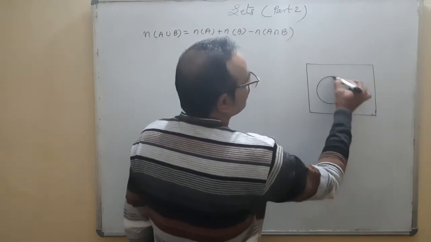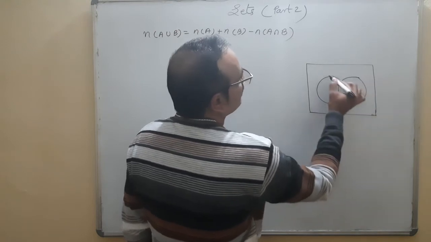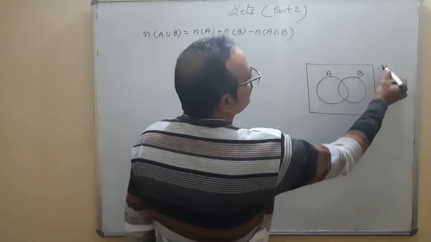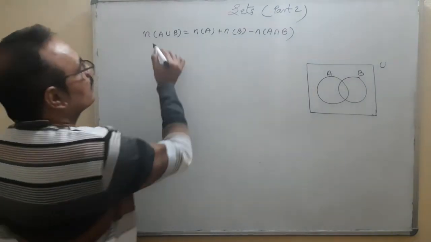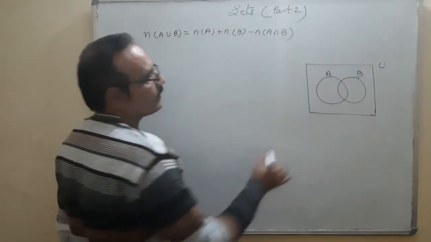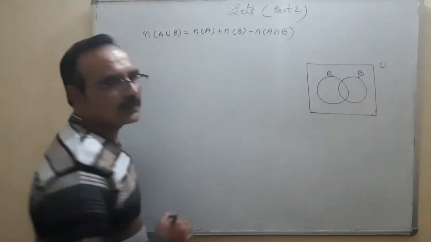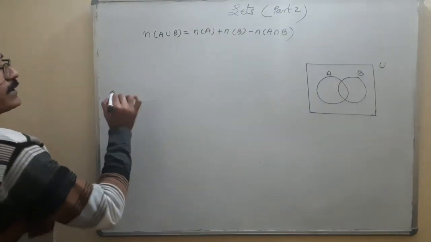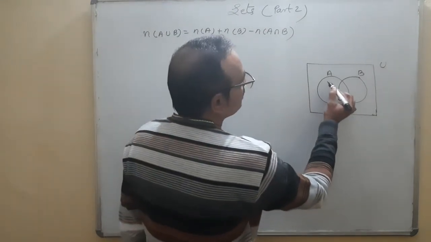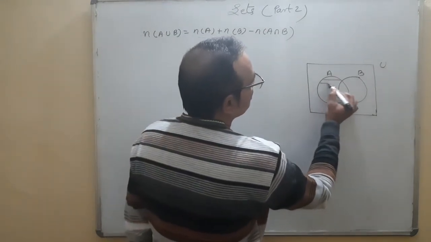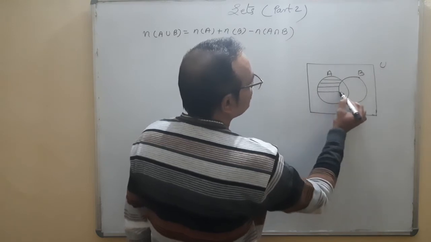It is A, here is B, U, okay, and A union B. What is A union B? The complete part. Okay. I am dividing this into 3 parts. This is the first part.